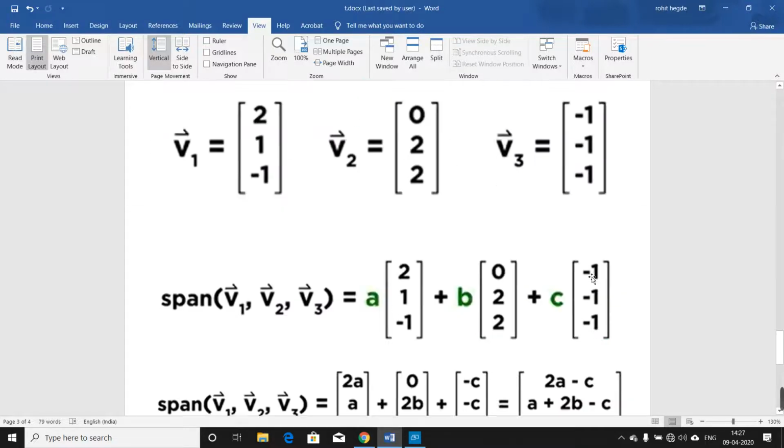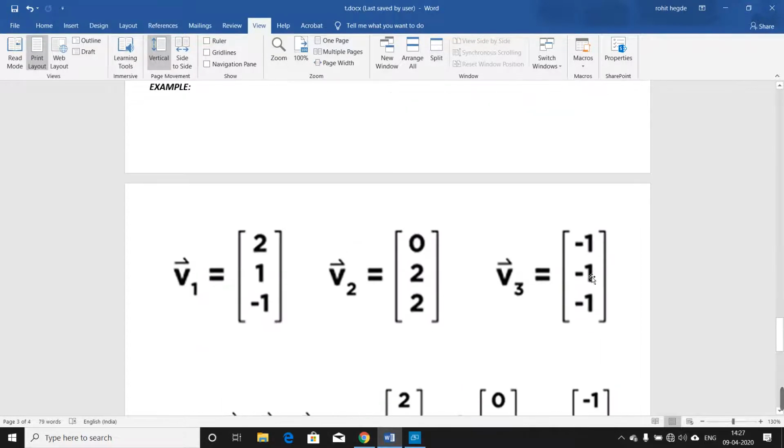We will see one example. Here I have v1 equals 2, 1, minus 1, v2 equals 0, 2, 2, and v3 equals minus 1, minus 1, minus 1. These are three vectors in the vector space. Now let's see whether the set of these three vectors forms a span.